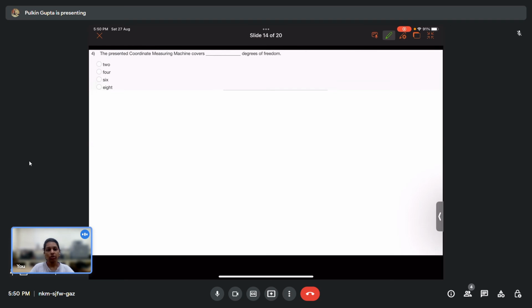Now moving on to the next question. The presented coordinate measuring machine covers dash degrees of freedom. In the presented coordinate measuring machine, we had movement along the three axes.